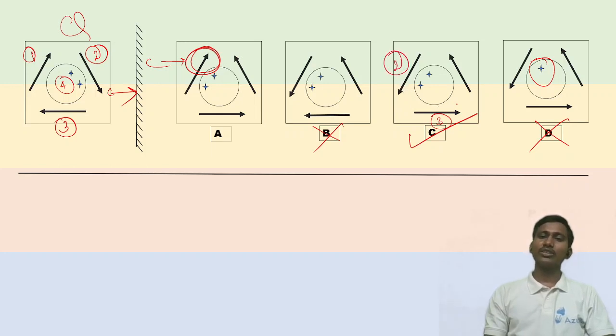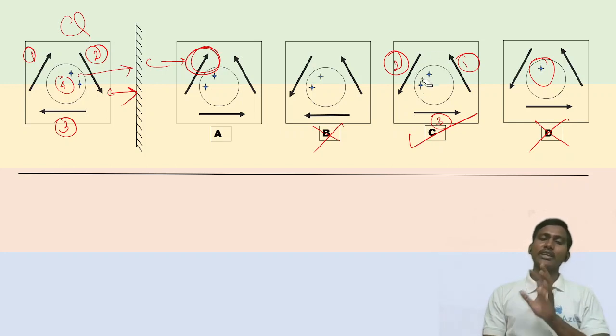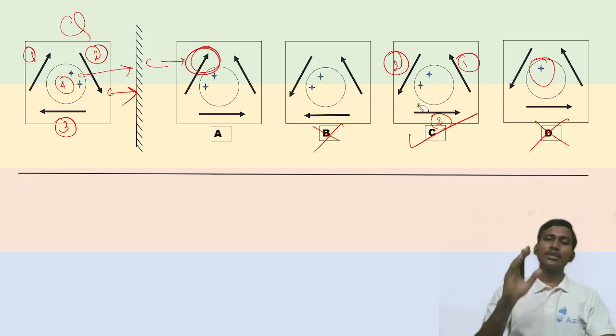This is the third arrow, this is the first arrow. So the answer will be option C. Understood? If you see, the stars are near the mirror, so this should also be near the mirror. Here the stars are also in the correct position. So this is the answer. Option C will be the correct one.